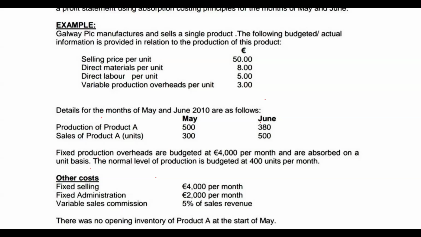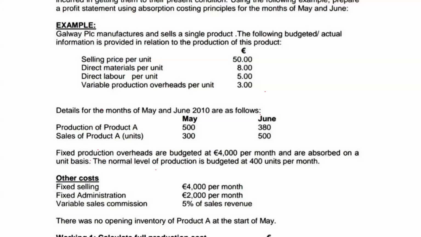The difference between what was actually spent and what was budgeted is what you call under absorption or over absorption.